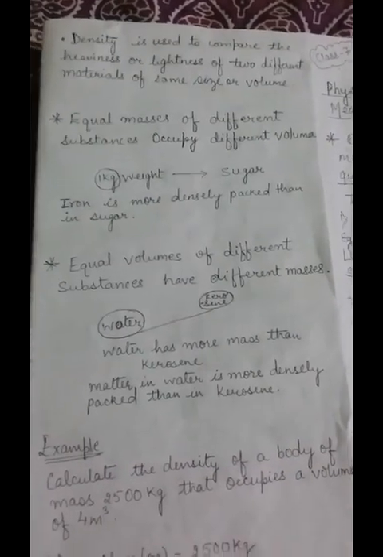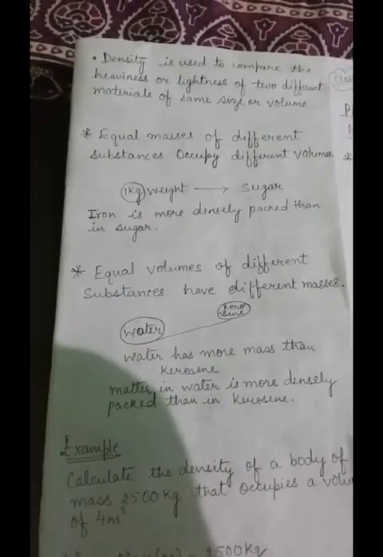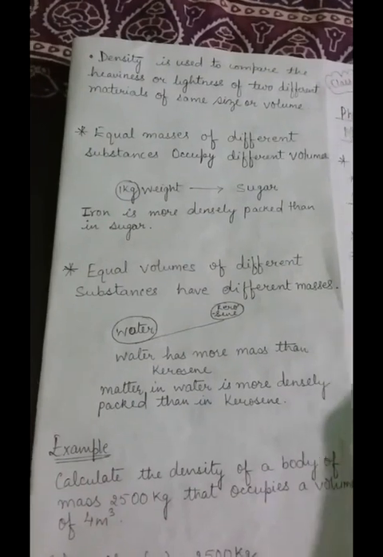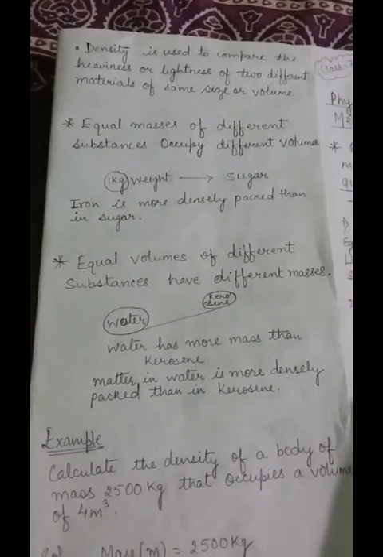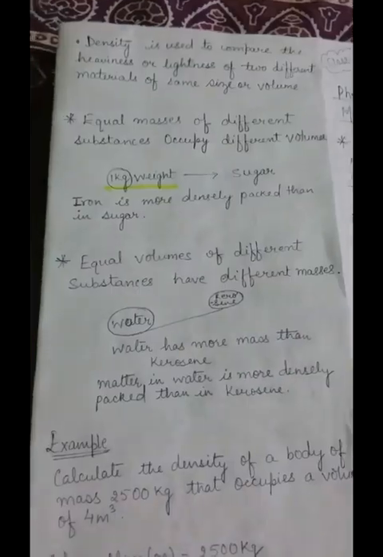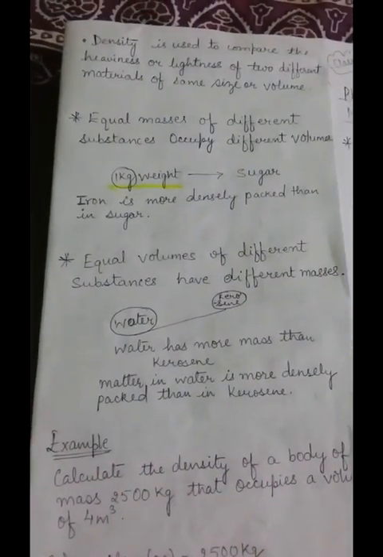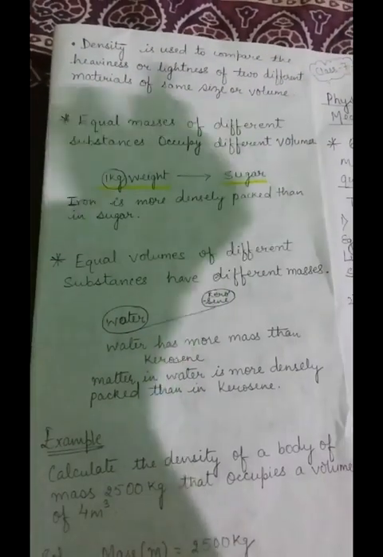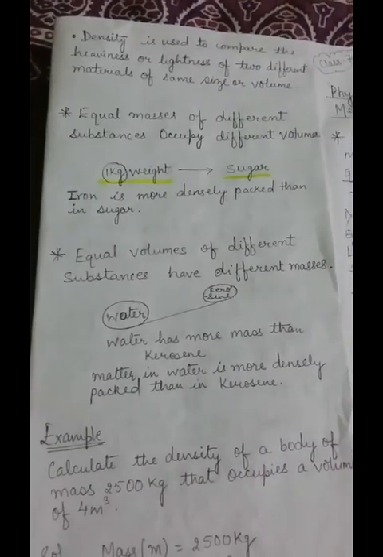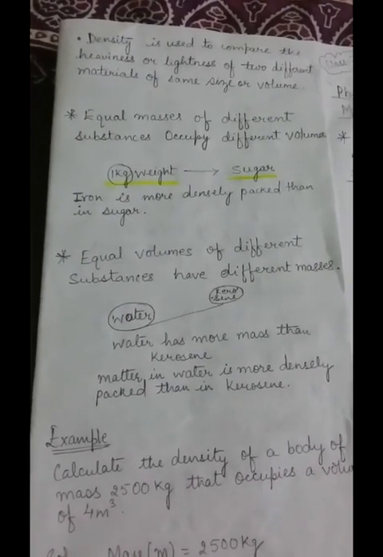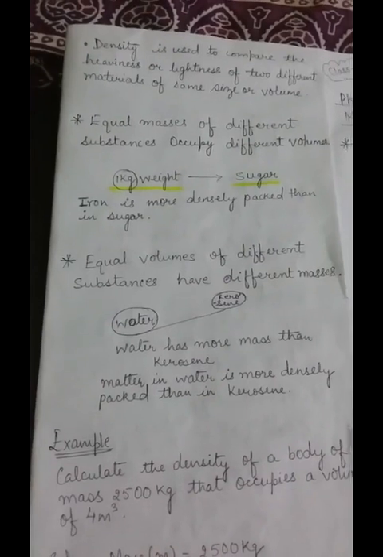Now we will discuss two more phenomena based on this density only. Equal masses of different substances occupy different volumes. So if you take a physical balance, on one side 1 kg of iron weight and on the other side 1 kg of sugar, they both have the same weight, same mass, but they occupy different volume.